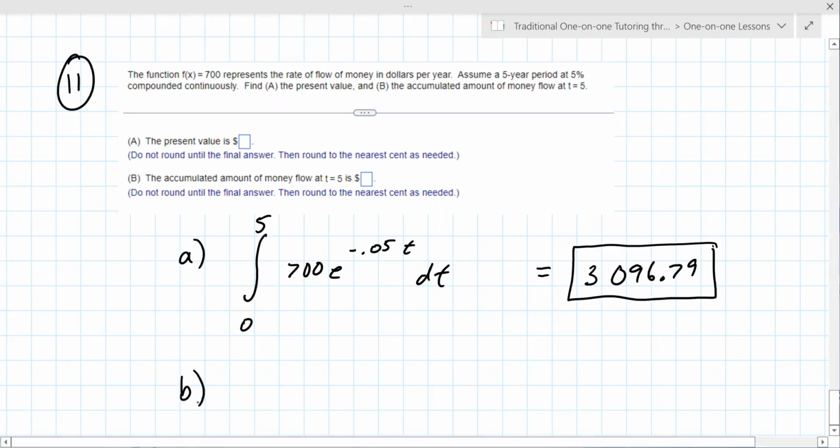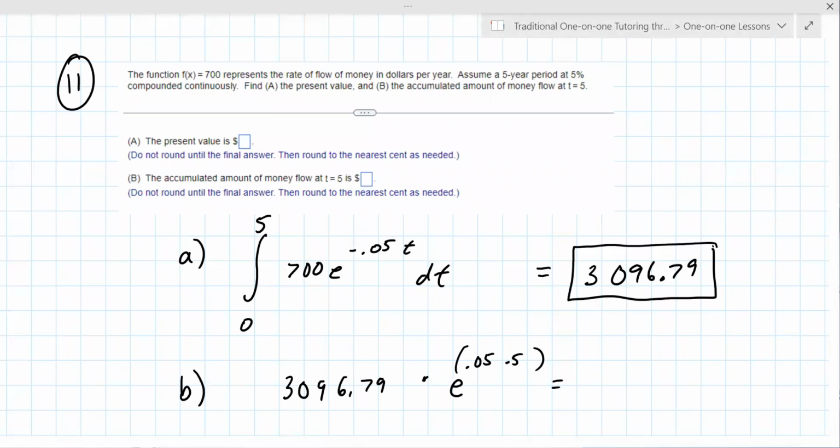Part B is to take the present value of your investment and multiply it by the continuous interest rate times the number of years, which is 5 years. That'll just go into a calculator to figure out. And that's what you care about, the cumulative amount of money flow.